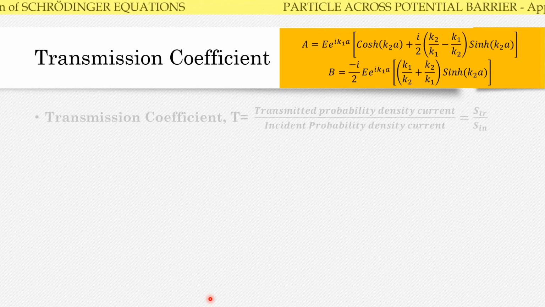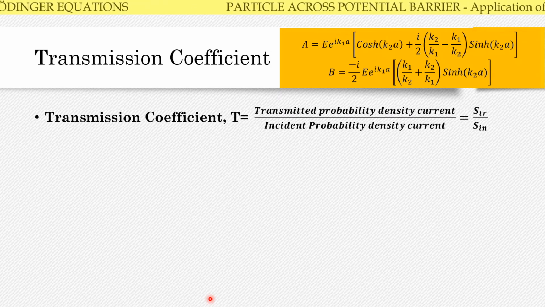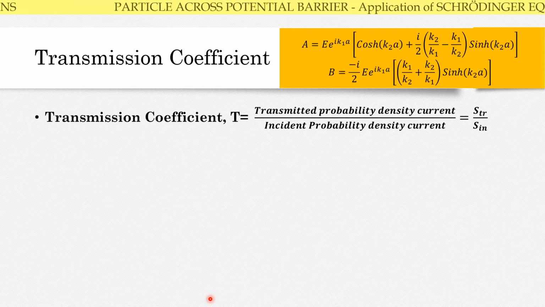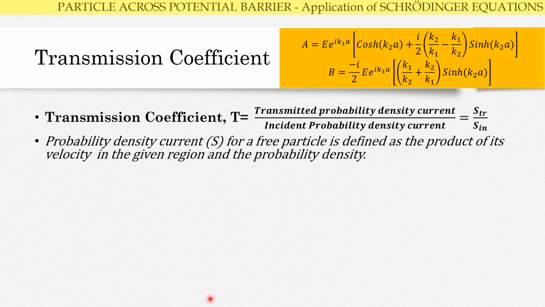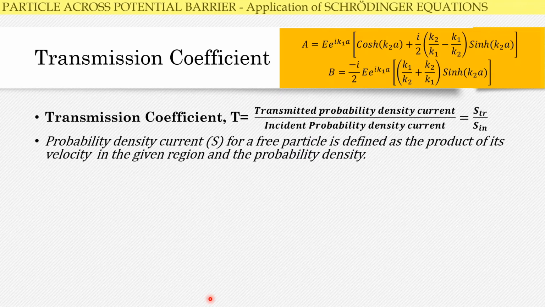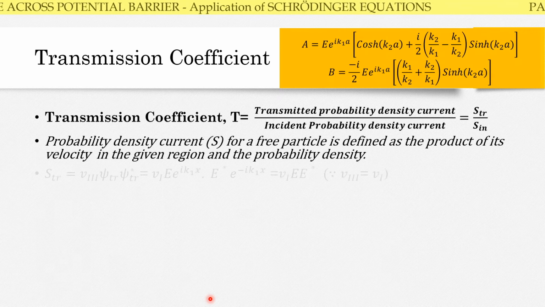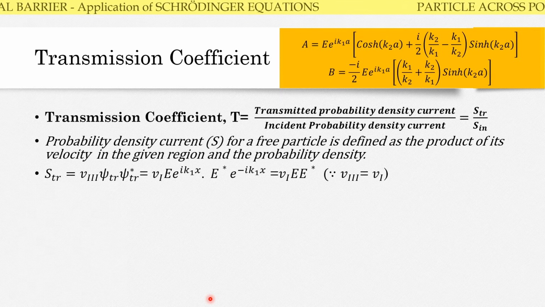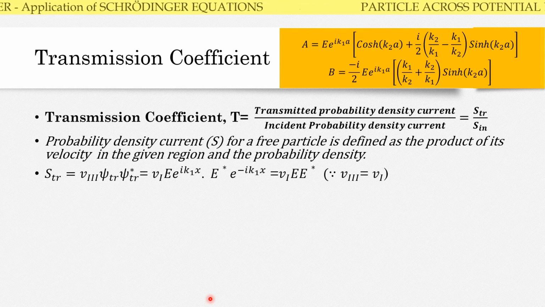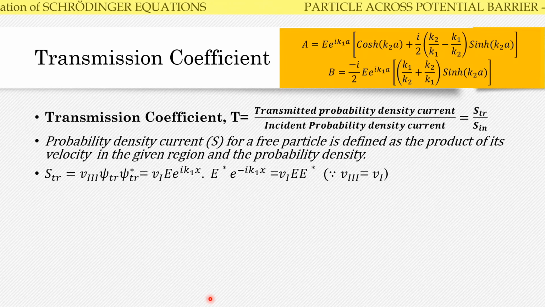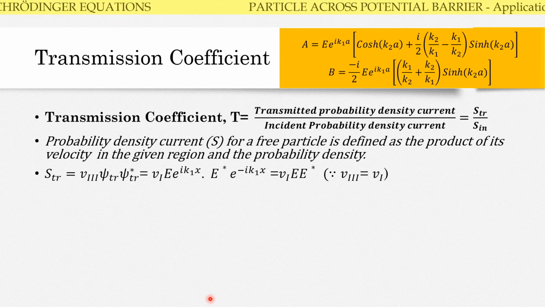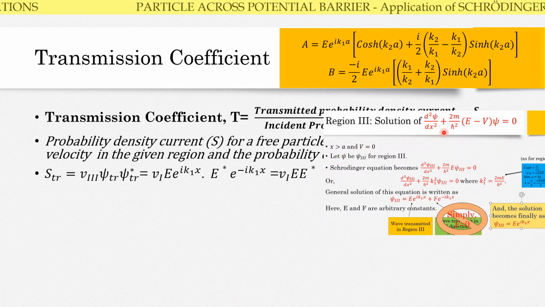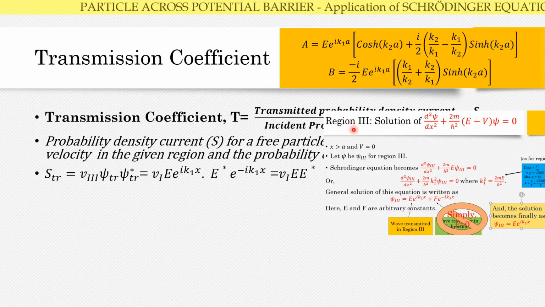So the transmission coefficient is simply given by the transmitted probability density current over the incident probability density current. The transmitted probability density current is again given by the product of velocity and the probability density. So the transmitted density current is the product of V3 and the transmitted wave function. Now from where will this transmitted wave function come? Remember the solution of the wave function that we had calculated for the region 3.